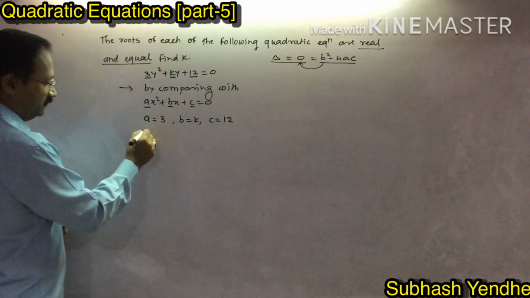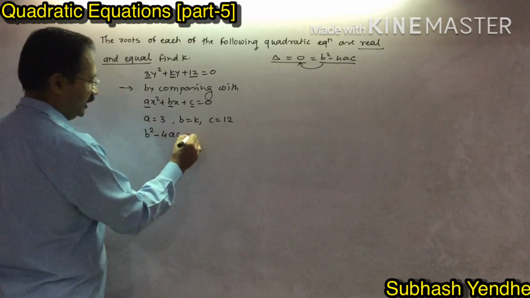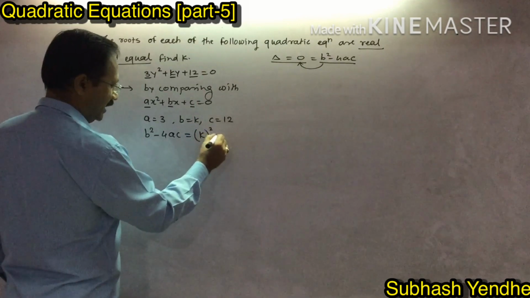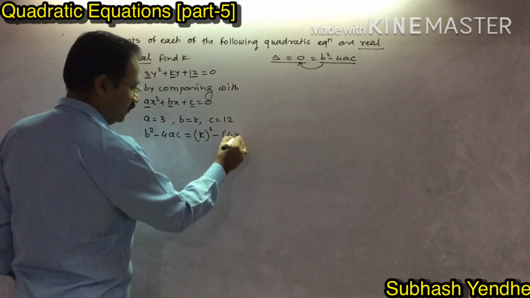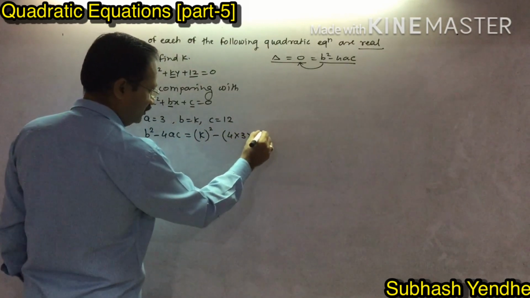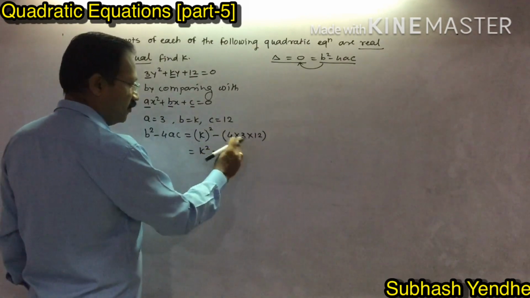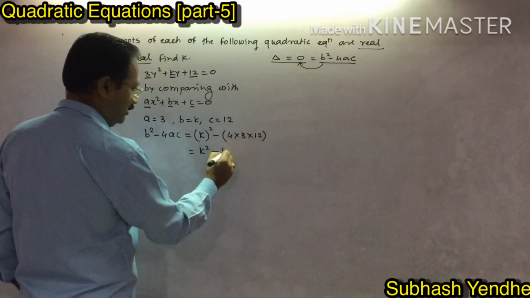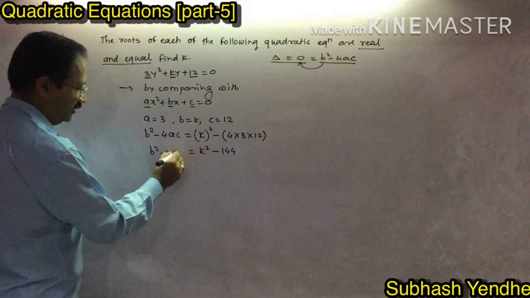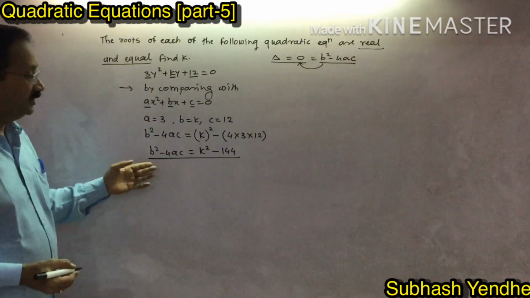So from this you will find the value of the discriminant b square minus 4ac. So b's value is k square, minus, again in bracket, 4 into a's value 3 and c's value 12. So k square minus 4 3s are 12, 12 into 12, 144. This is the value of b square minus 4ac. K square minus 144.